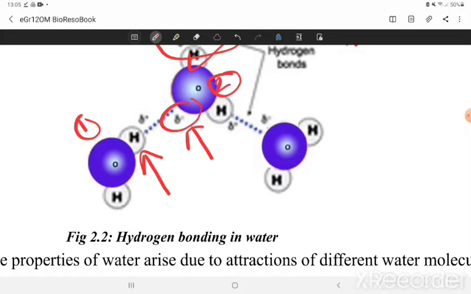So between that H delta plus and O delta minus, there's a bond occurring, and that bond is known as the hydrogen bond.